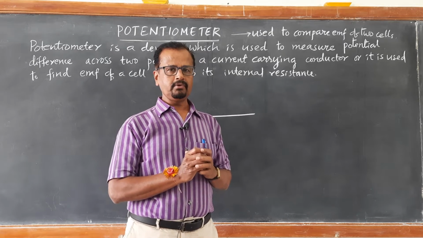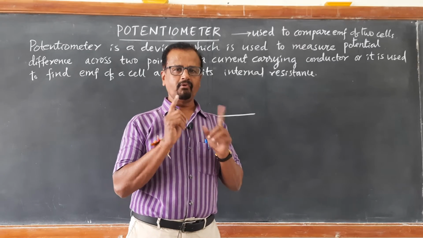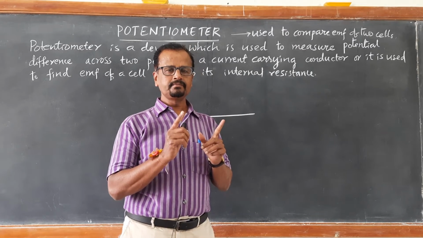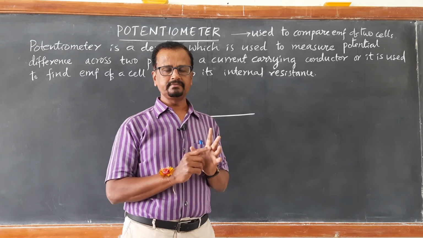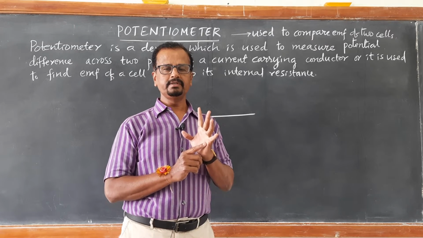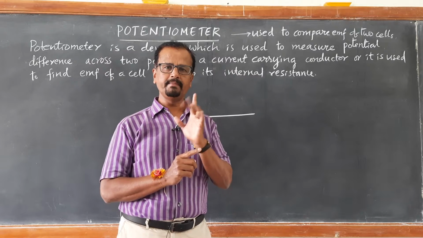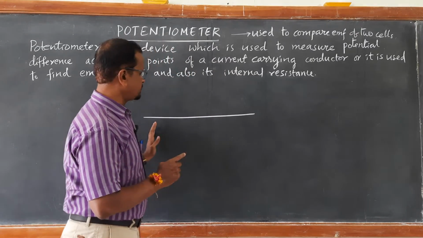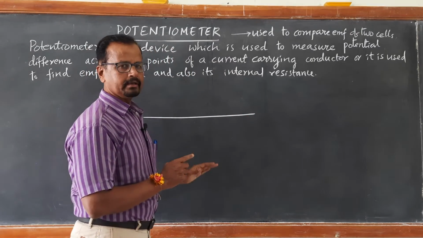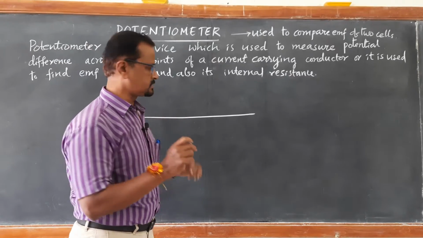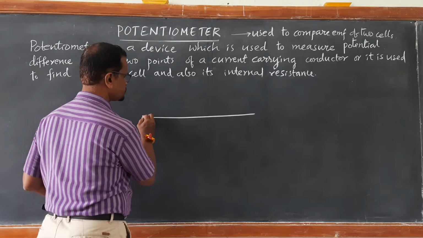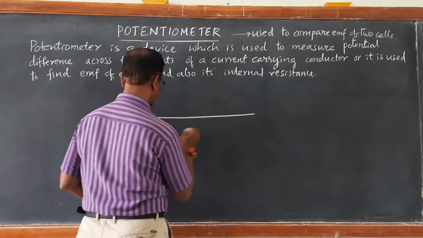Therefore, this 4 meter wire is cut into 4 segments, each of 1 meter. And they are joined end to end with the help of thick metal strips. Suppose this is a 1 meter wire.